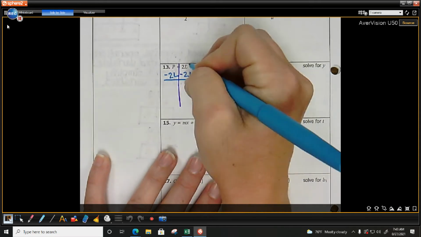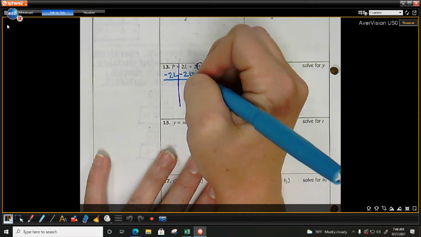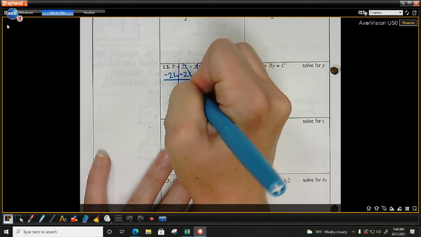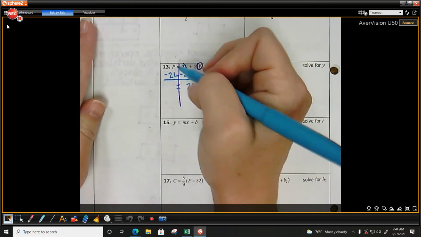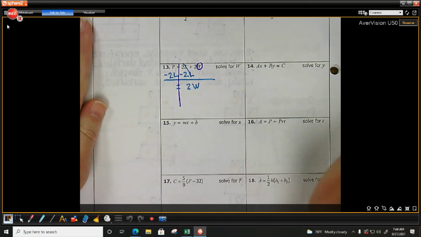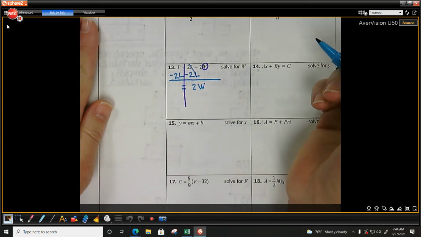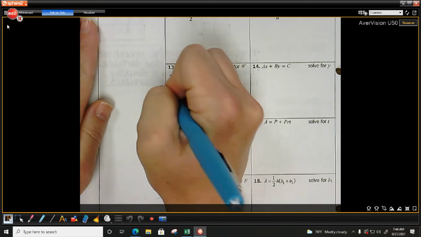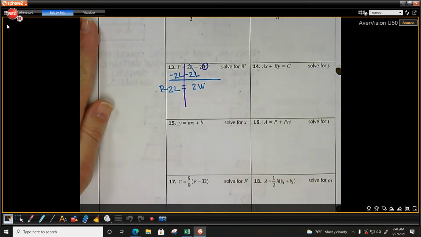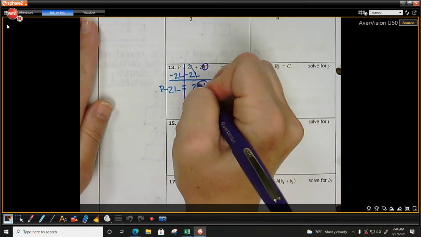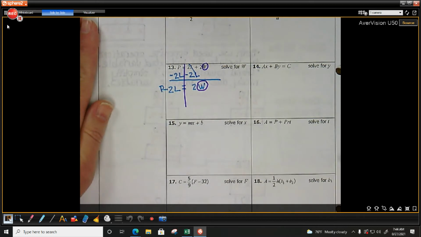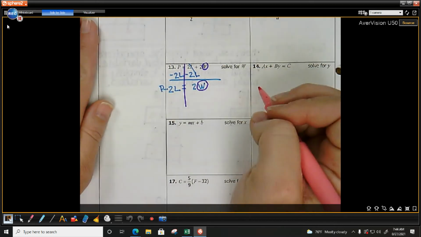So what's 2L minus 2L? And I'm left with 2W. And then on the left side, can I actually do P minus 2L and make one term? No, so it's just P minus 2L. Keep your W circled. What do I do next? Divide by what? Just divide by 2.